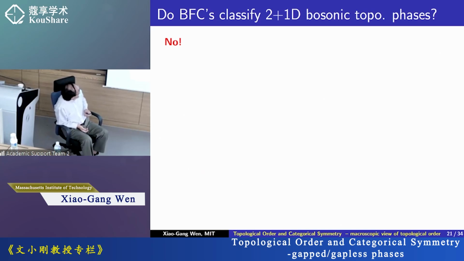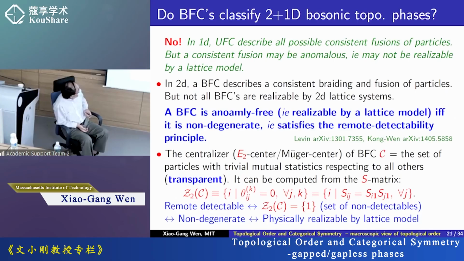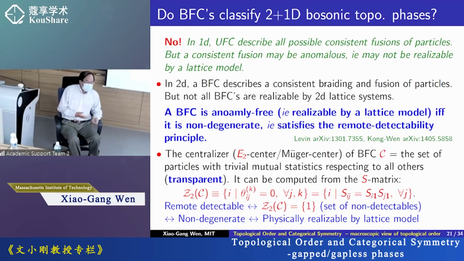Okay. So we have the same issue. A braid fusion category describes a consistent braiding and fusion for particles. But not all the braid fusion categories are realizable by lattice because of anomaly, same reason. And here we can describe anomaly more easily. That is, sometimes we have a particular particle, and this particle cannot be detected by braiding with any other particle.